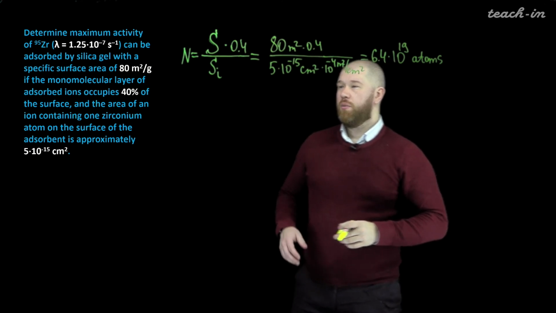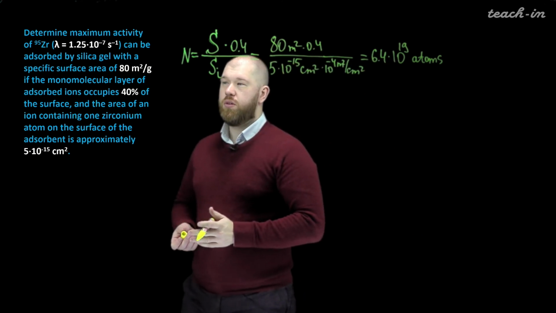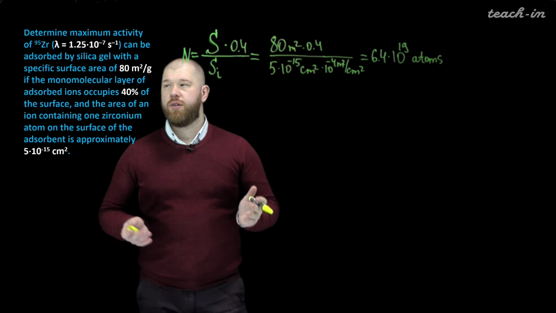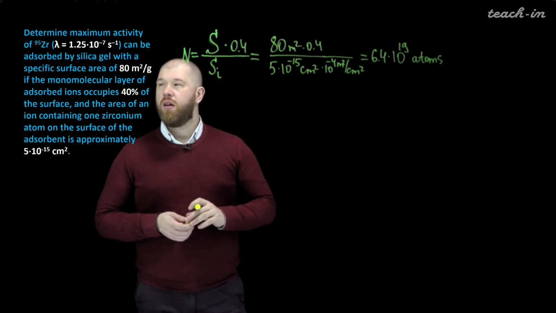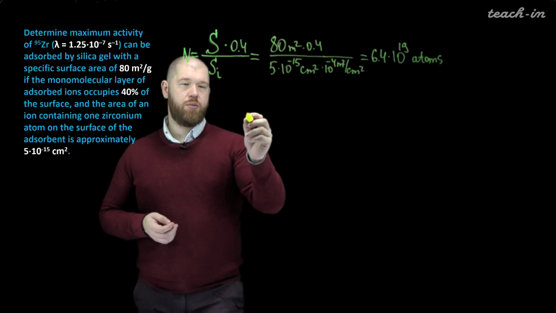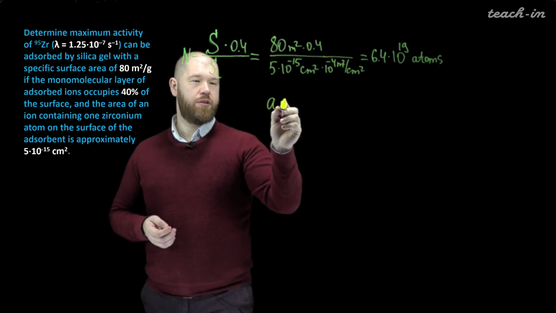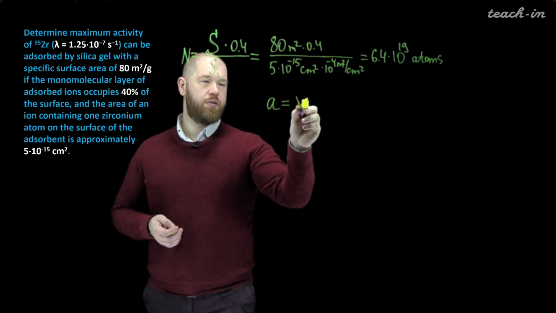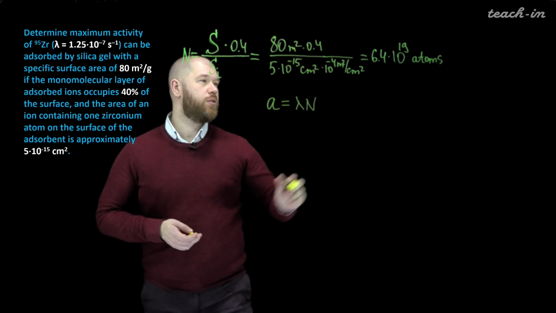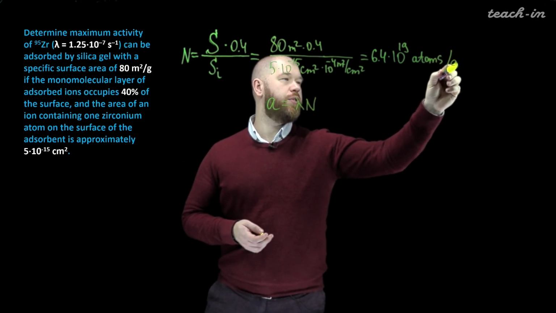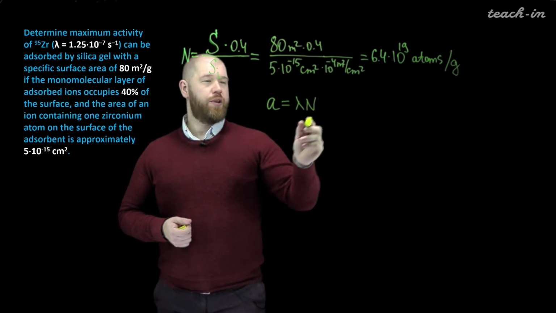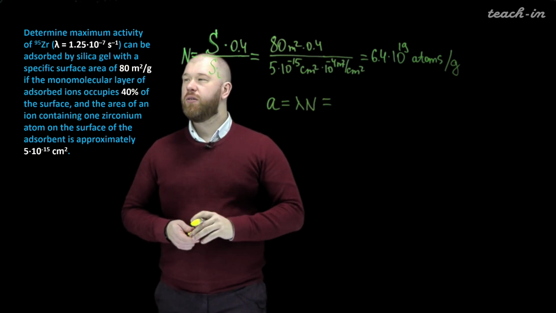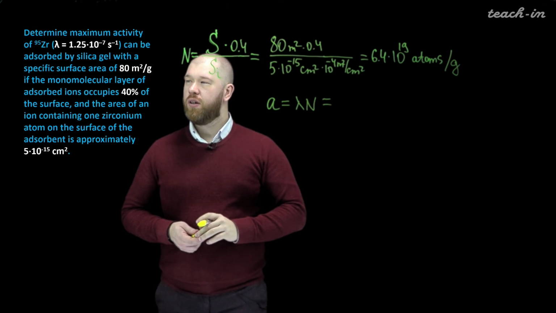Okay, so we know the number of atoms that can be sorbed by the silica gel, and now we have to find the specific activity, so it's per gram of the sorbent. Fortunately, we already have a lambda value in our task.